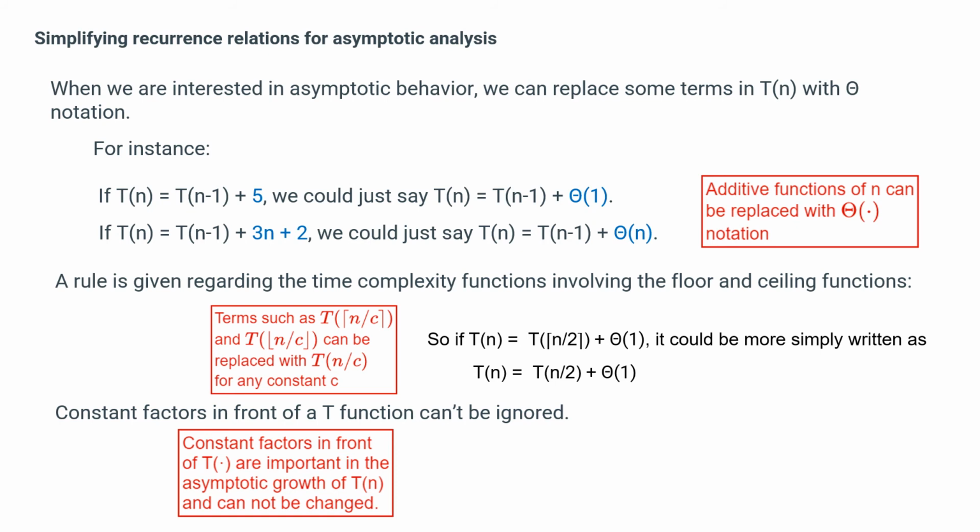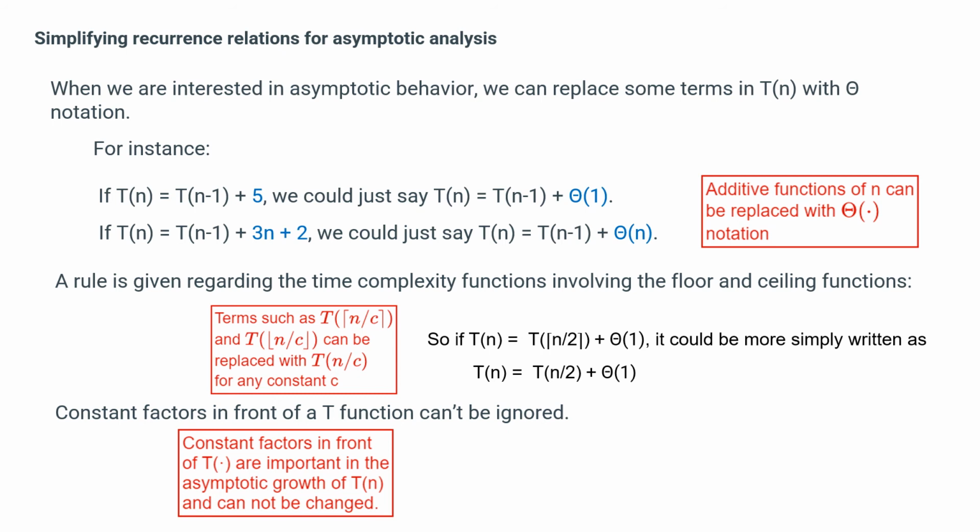But remember, up until now, when we look at constants, like the plus 5 in this first example, it didn't matter if that was a 5 or a 100, that would simplify to theta of 1. And then the second example here, we have a 3 in front of the n. It didn't matter if it was a 3 or 100. Again, it just simplifies to theta of n. So we've gotten into the habit of just kind of ignoring our constants.